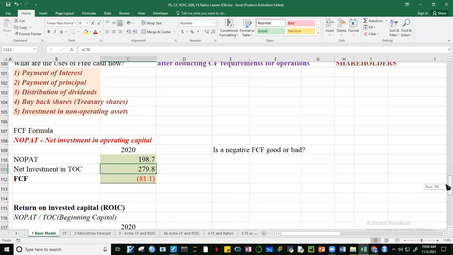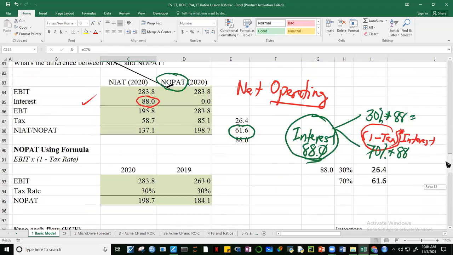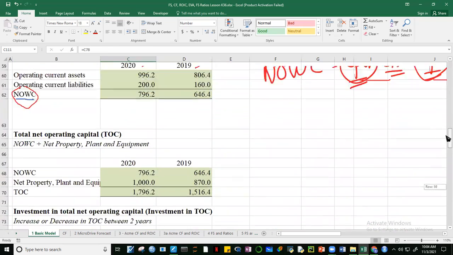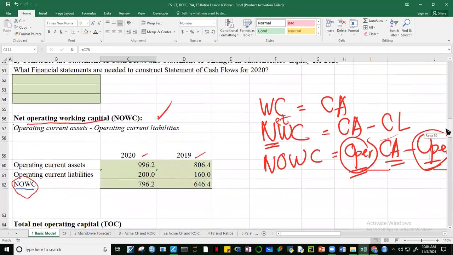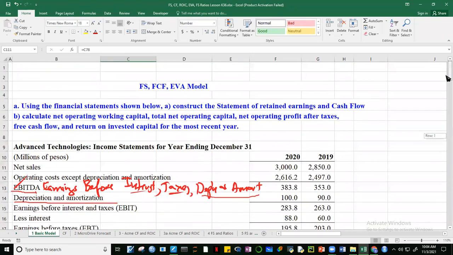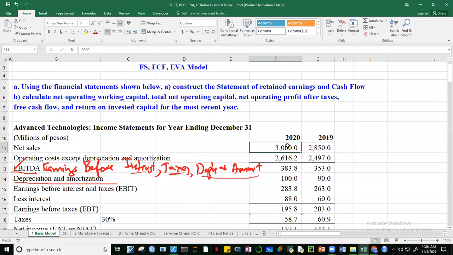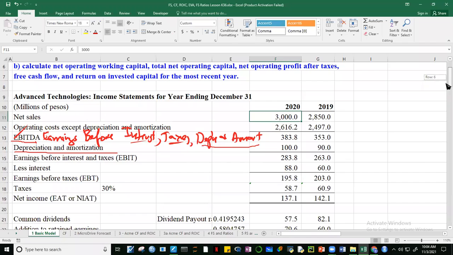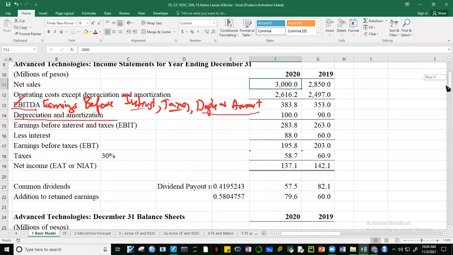Why was the company investing in its operating capital? Because for the year, they needed to support its sales, for example. If you notice, guys, for 2020, there was an increase in sales of 150 million. So sales increased tremendously, and in order to support your sales, definitely there will be an increase in operating capital.